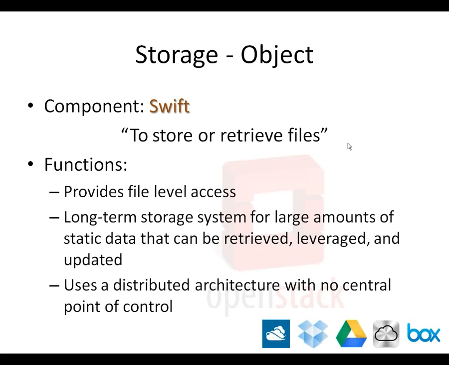So what is the component of OpenStack which provides this object? It is not only an OpenStack component, it is actually a widely used component called Swift. As you can see at the bottom of the slide, you find Windows SkyDrive, Dropbox, and Google Drive.